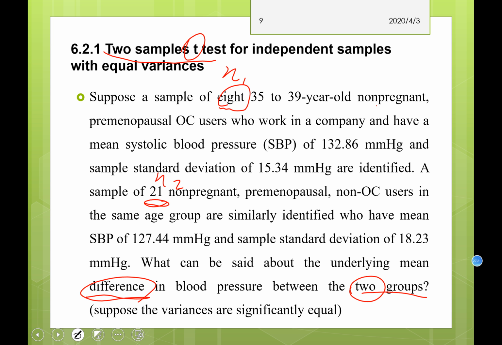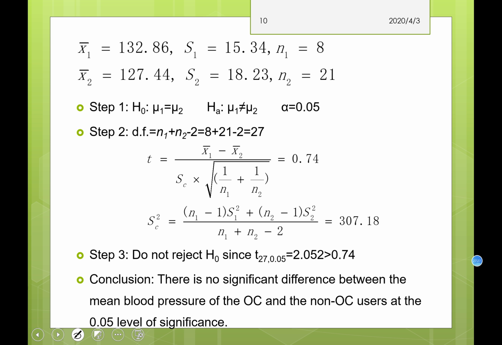So what is the procedure of the independent sample t-test? The procedure should be the same as the other hypothesis tests. We list all the information which is given in the question. This is sample 1: its sample size, its standard deviation.